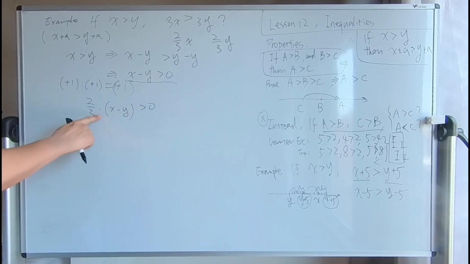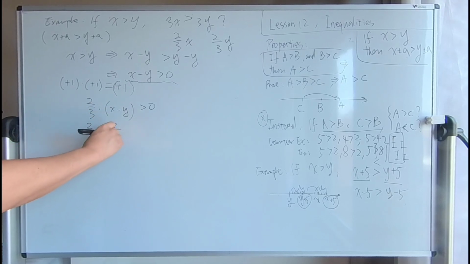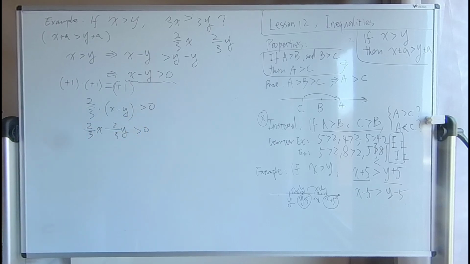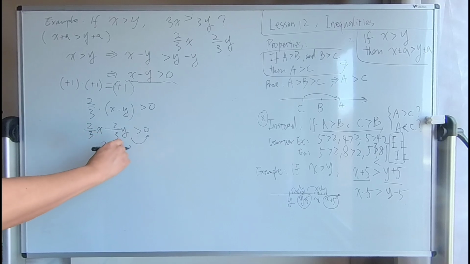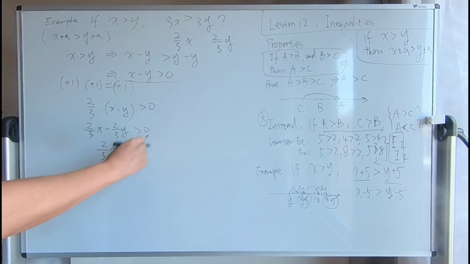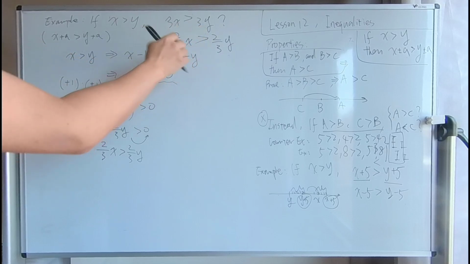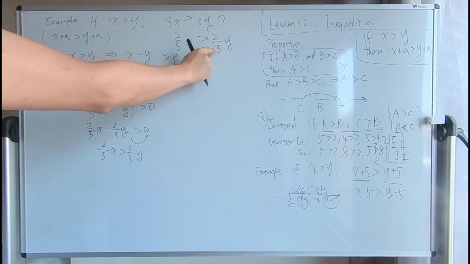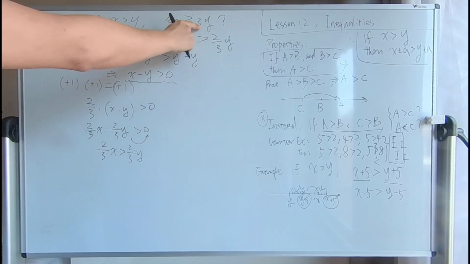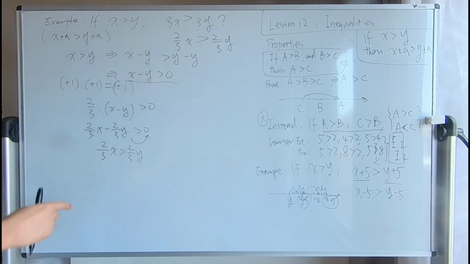Then if I simplify this by redistributing the multiplication, I will have 2 over 3 x minus 2 over 3 y greater than 0. Then if I move this back to the right hand side, I will have 2 over 3 x greater than 2 over 3 y. So I show that this is also greater than that, even though it's not an integer.